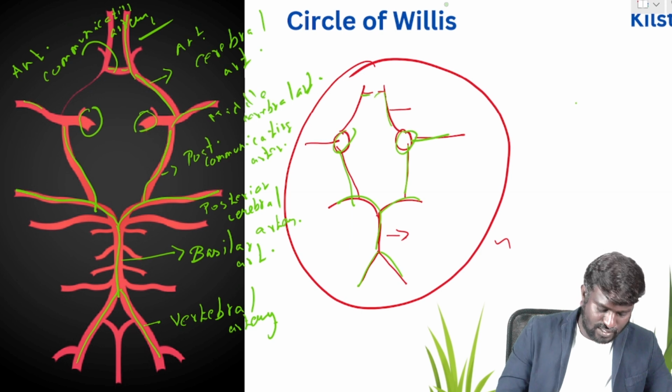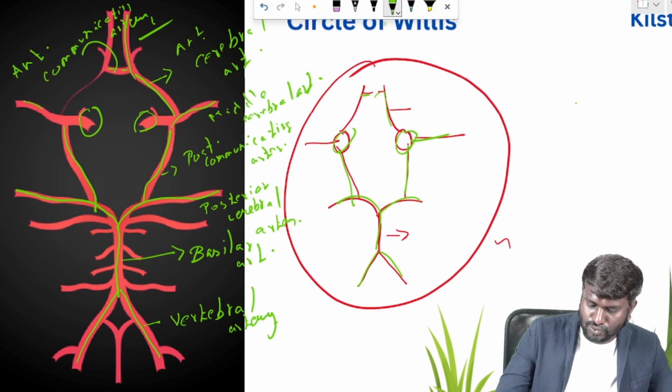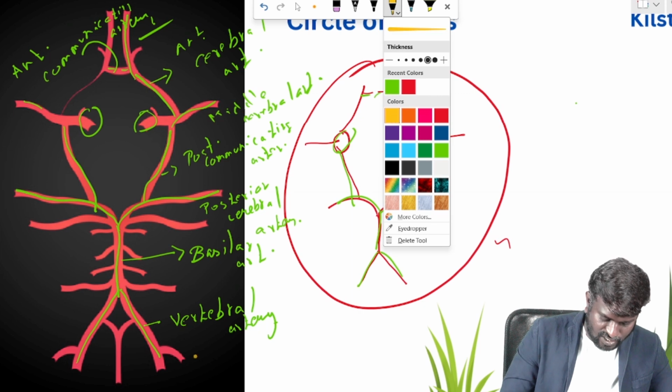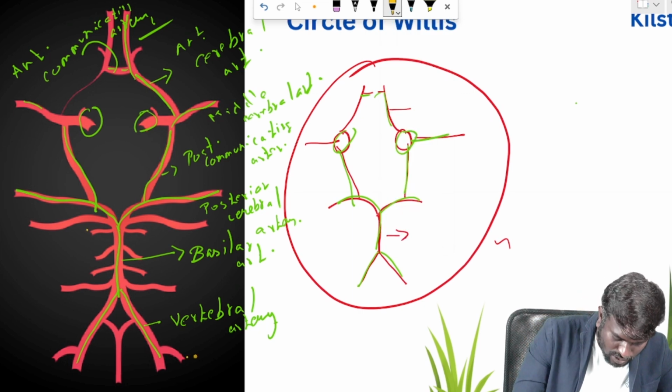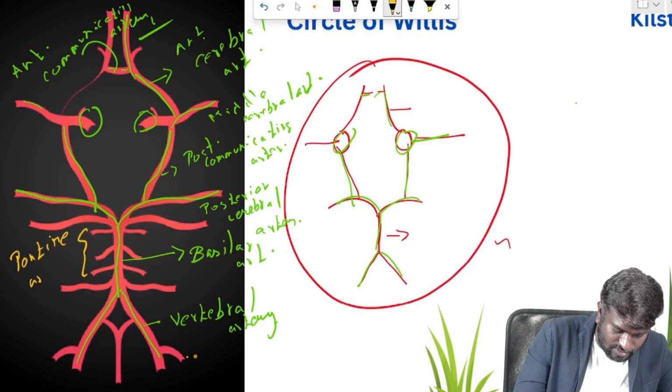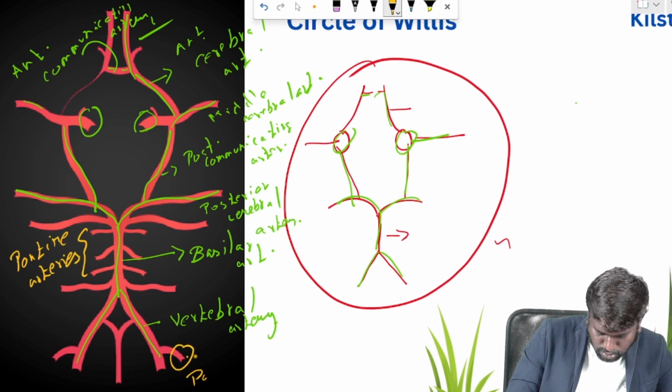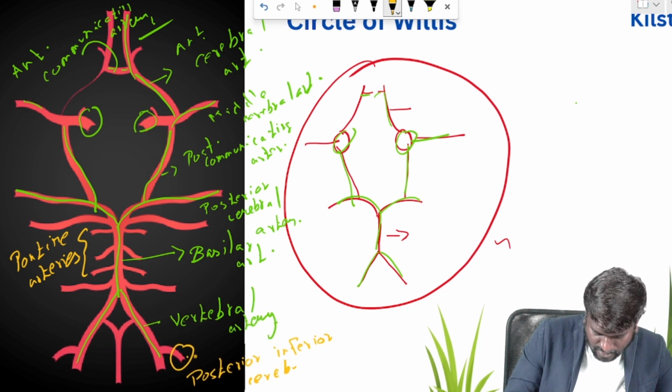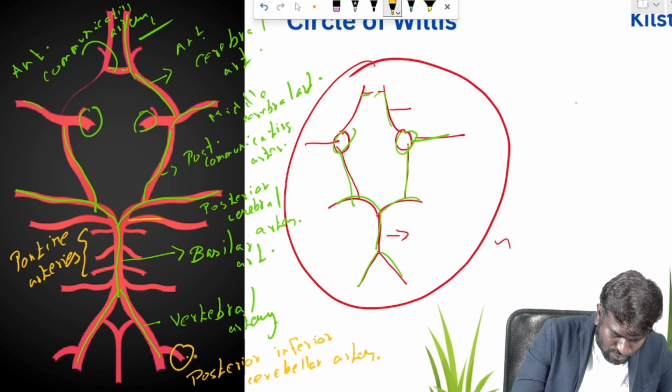For extra edge, it's good to remember a few more arteries. These ones are going to be the pontine arteries. This one right over here is going to be the posterior inferior cerebellar artery, and this one which you see here is going to be the superior cerebellar artery.